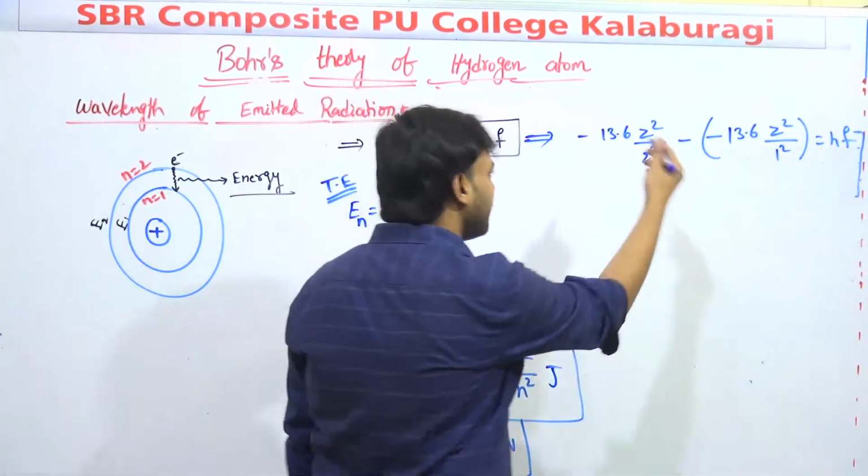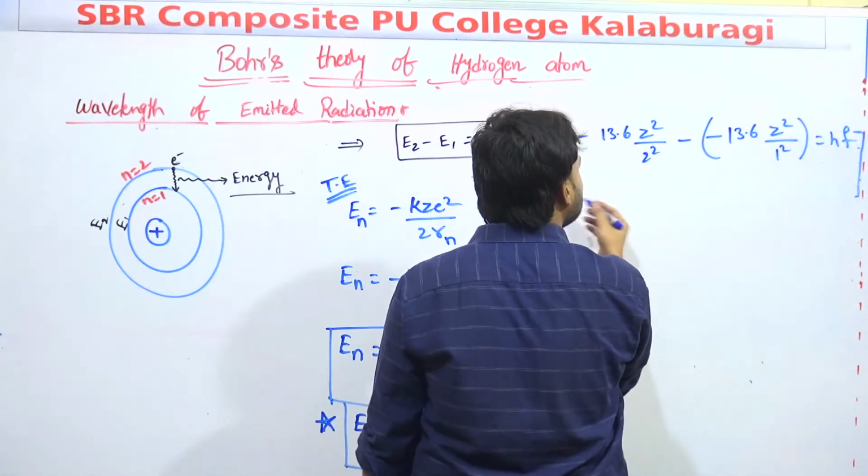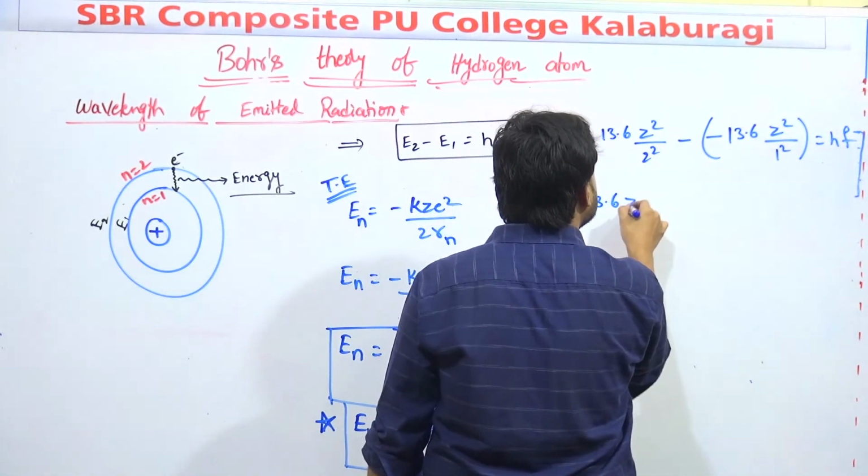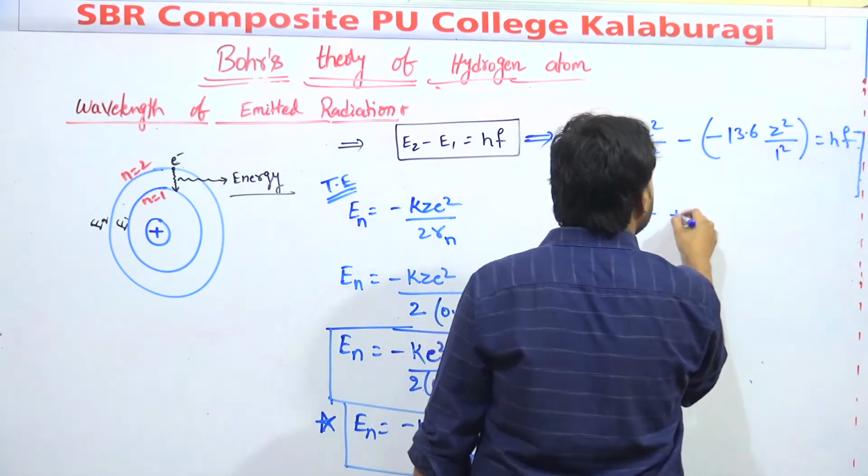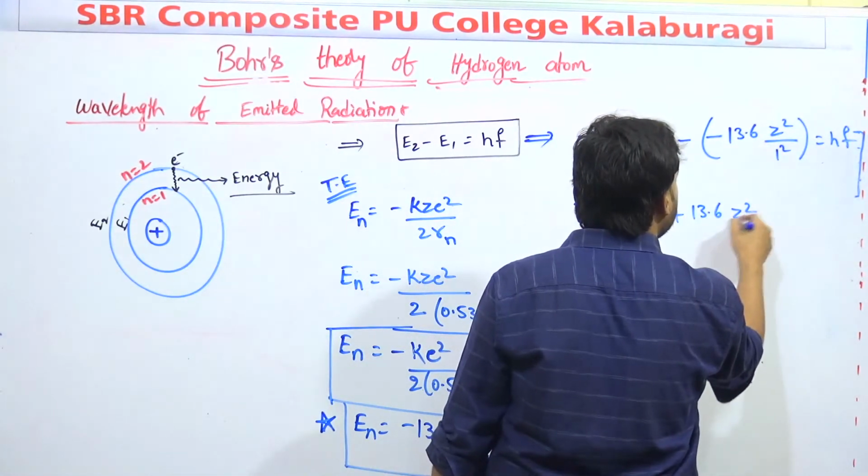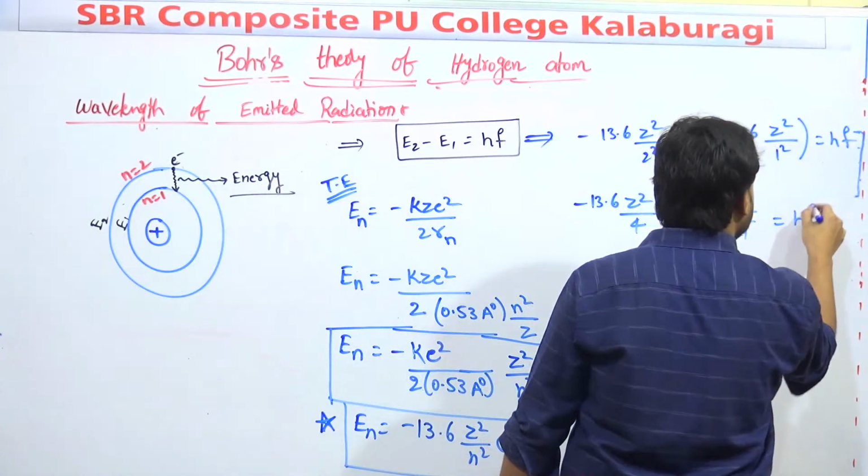Clear about the point? Finally I can write it as minus 13.6 Z square by 4 minus of minus, plus 13.6 Z square by 1, which is equal to hf.